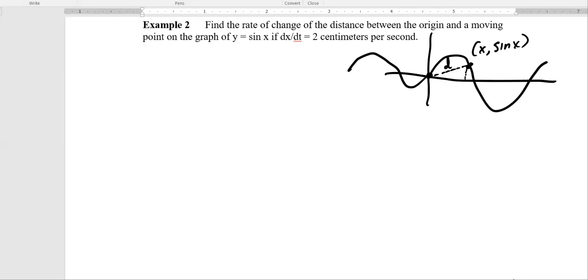I'm going to call that d. I'm not going to call it d. I'm going to call it something else. How about L? Whoops! Ouch! That was not good.